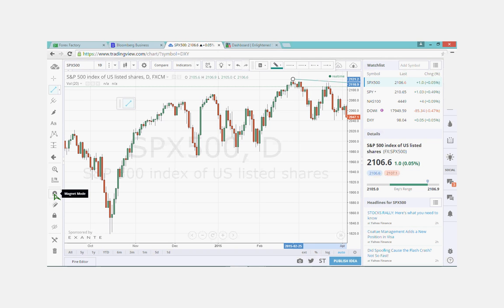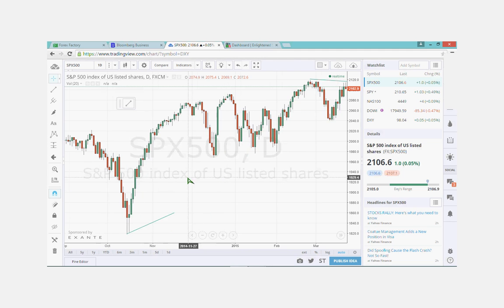And then that'll snap to it. So if you click that, and then also right-click the line that you drew, you can actually extend the line.